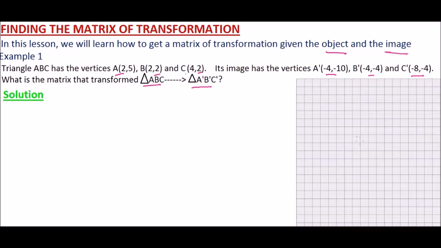So this is a graph paper that we are going to use. We are going to plot the two triangles on this graph paper. So let's say this is 1. We start from here. Here we have 0, we have 2, 4, 6. On the negative side we have minus 2, minus 4, minus 6, minus 8, minus 10.